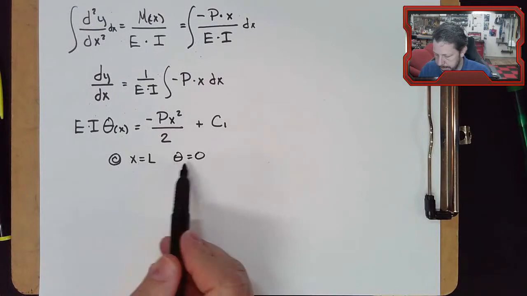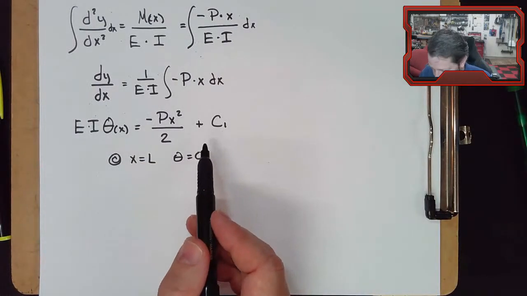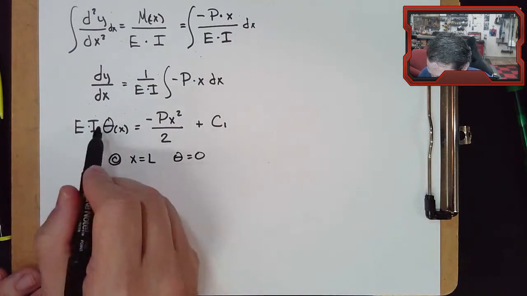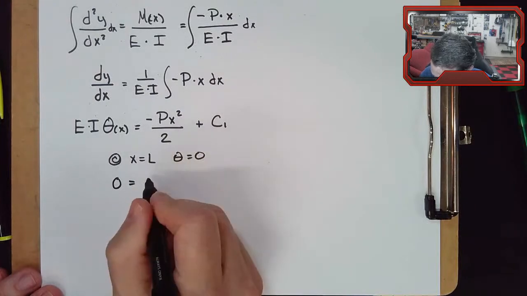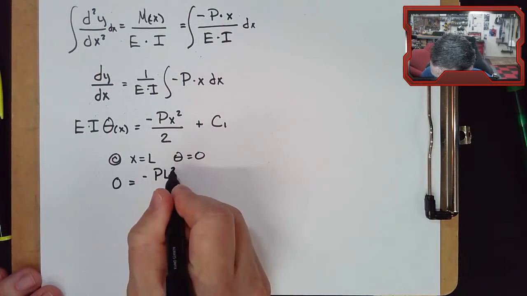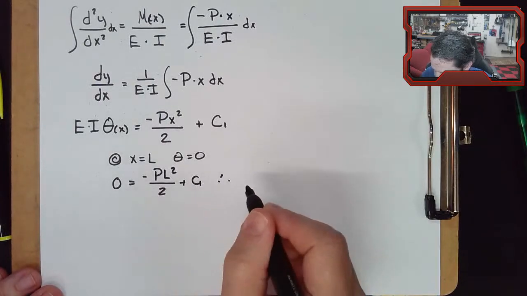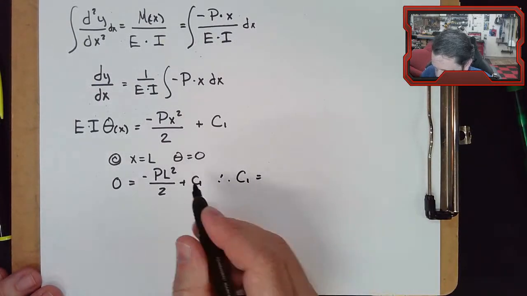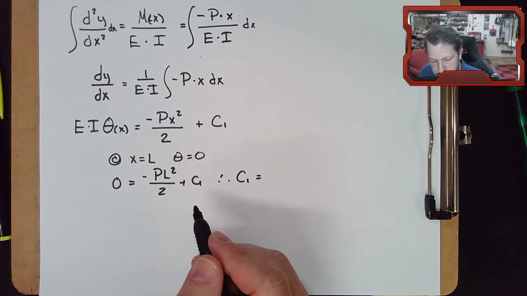So if I plug these values into this equation, I can solve for that constant of integration. So theta equals 0 makes this whole side equal 0. X equals L. Therefore, that's C1. C1 equals, we'll move it to the other side of the equal sign, and it becomes PL squared over 2.